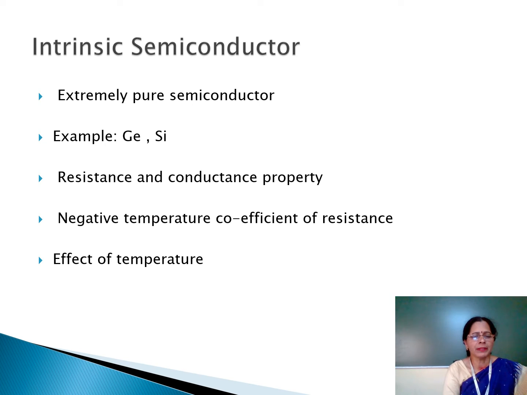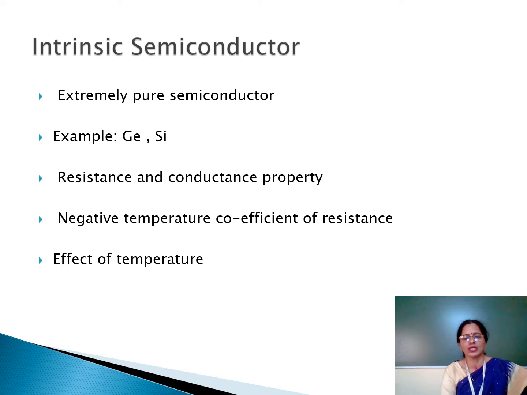Similarly, if temperature decreases, resistance increases. Resistance means current opposing property. So if resistance increases, then the current flow or conductance property decreases. High resistance means less current flow capability, and less current flow capability means less conductance.